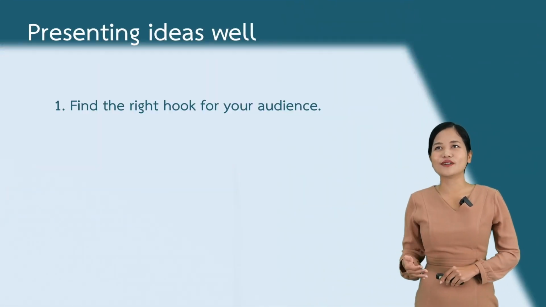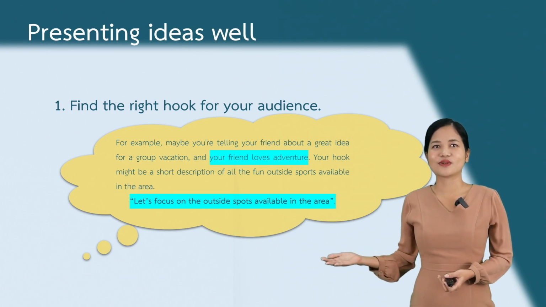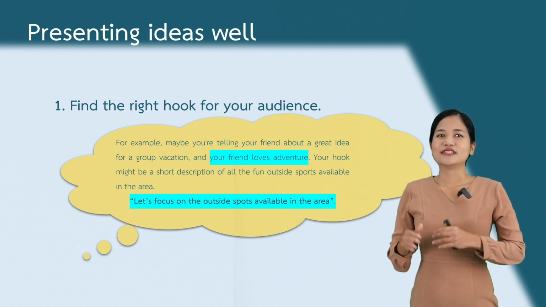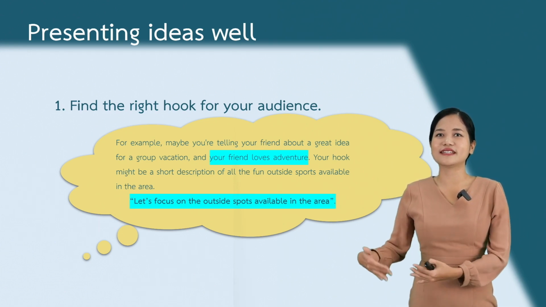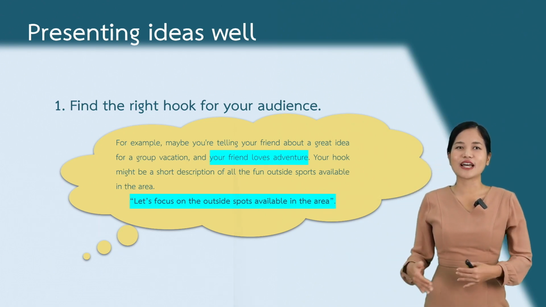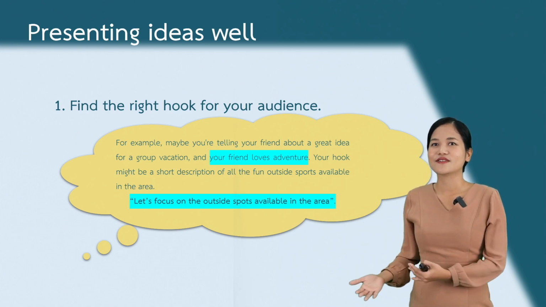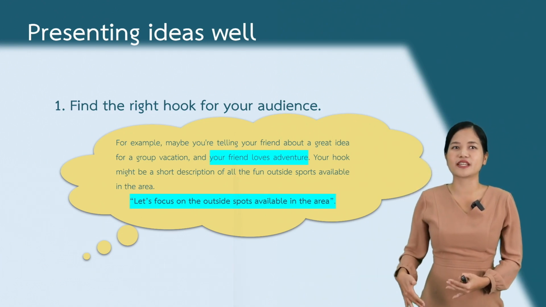Now, let's take a look at this one. Presenting ideas well. First, find the right hook for your audience. What you need to do is think about a hook, because a hook is what draws your audience in. That means you need to know your audience well and figure out what drives them to create a successful hook. For example, maybe you're telling your friend about a great idea for a group vacation.